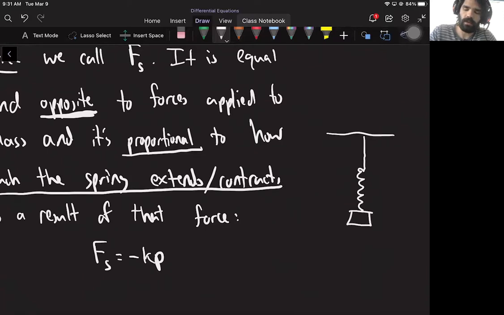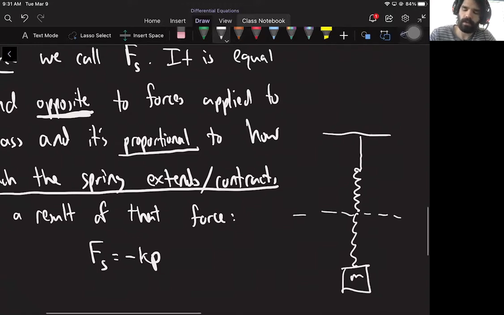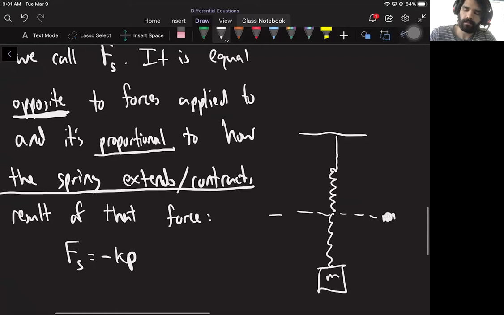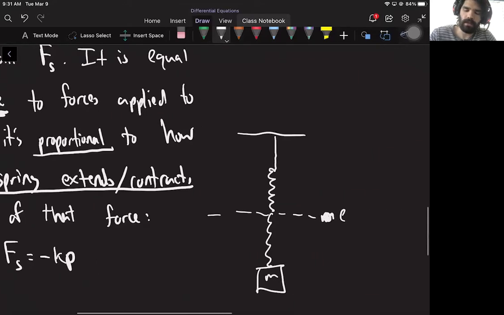So if this is equilibrium and then a force makes it go down much further, let me just draw like this. And then equilibrium was up here. The idea is that equilibrium is when the position is 0.